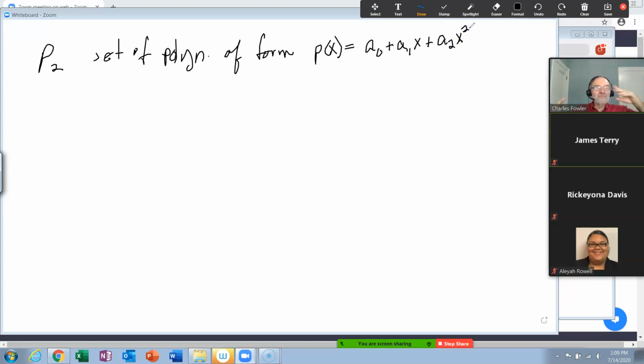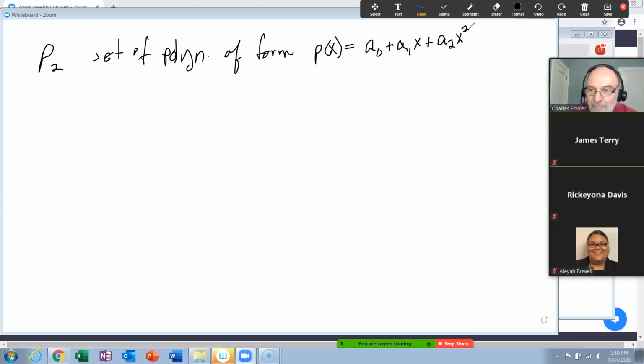This is written in reverse order of how we usually write it, just to get the subscript numbering right. In polynomials, all the exponents have to be whole numbers, and the terms have to be added or subtracted. The a's can be any real number, but the exponents can only be whole numbers. So that would be the set of all polynomials of this form.